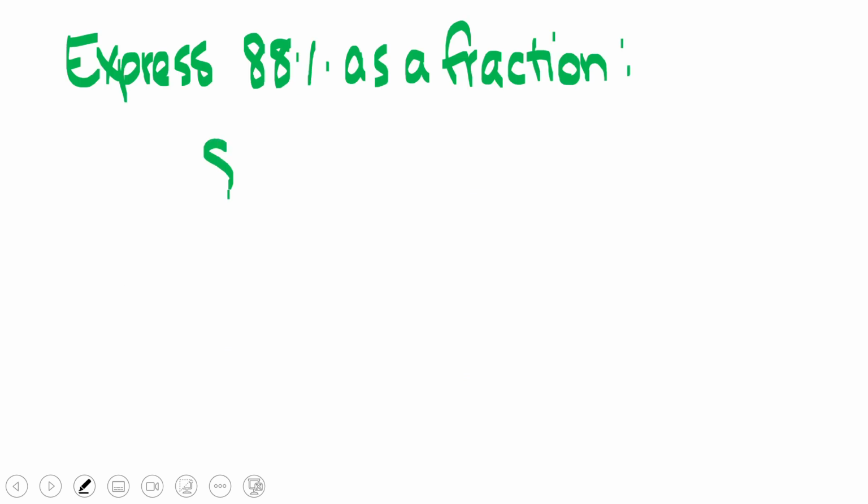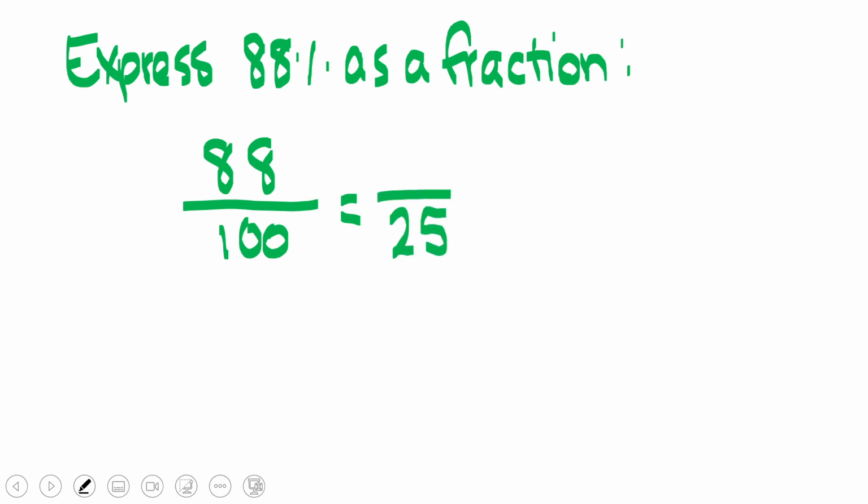Okay, then my 88 goes over 100 and we reduce. 4 will go into both of those numbers. It's easy to take 4 into 100, that's 25. 4 goes into 8 twice, and 4 goes into 8 twice. So as a reduced fraction, we have 22/25.